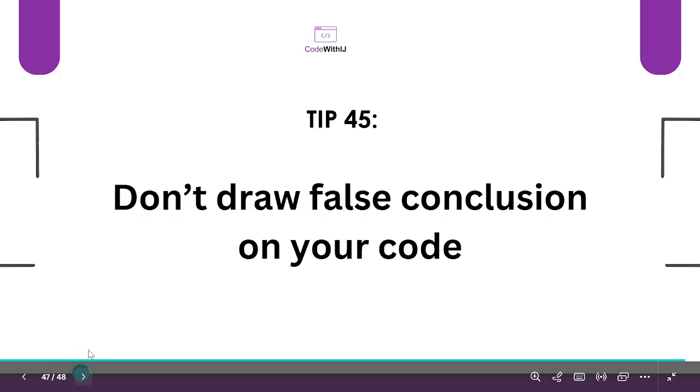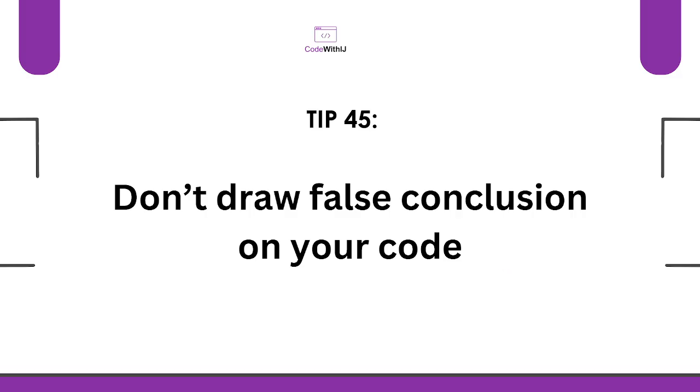So tip 45 says don't draw false conclusions about your code. It's so easy to say, oh, I believe it's this code that is causing the problem. It looks too long, it looks like garbage, it looks like this is the problem, and you didn't even find out. Let me tell this story.